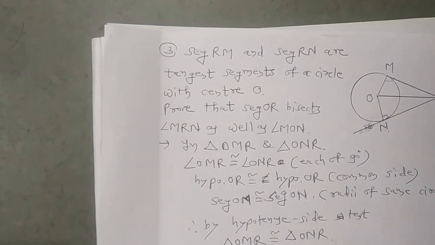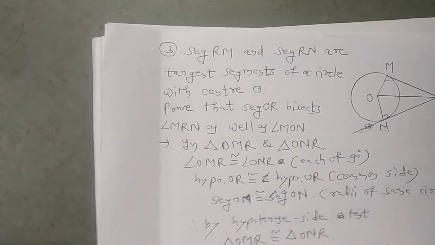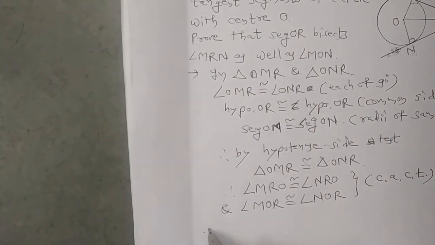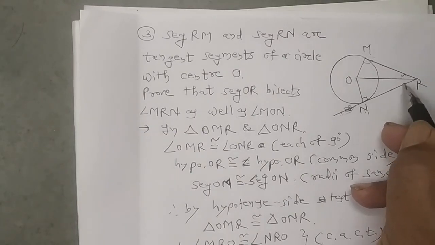Write down in bracket corresponding angles of congruent triangles. Therefore, these two angles are congruent.